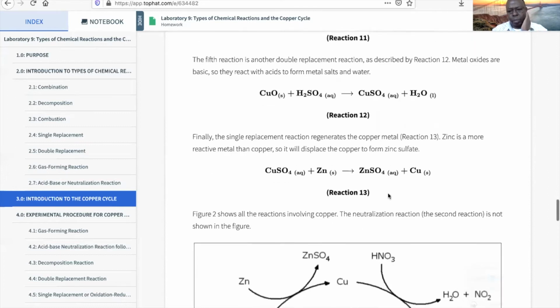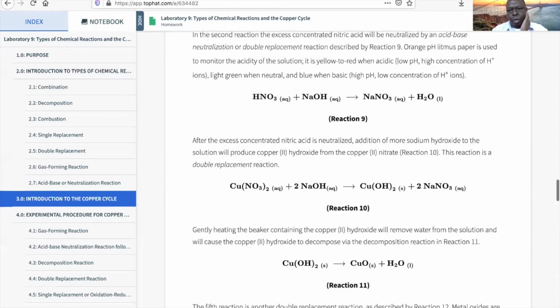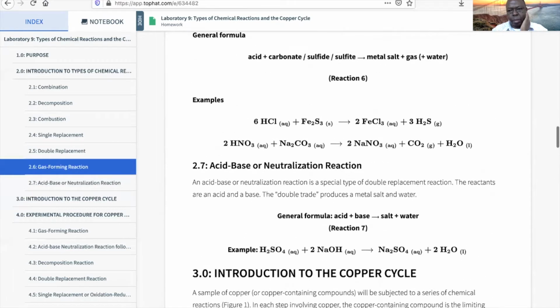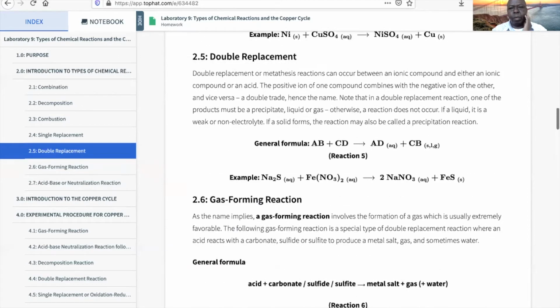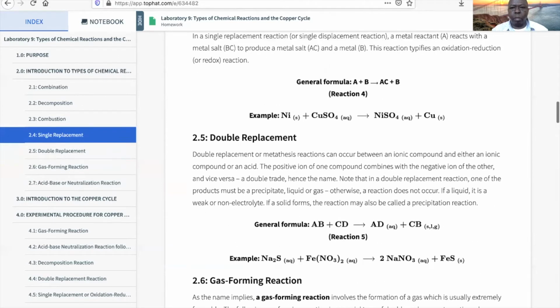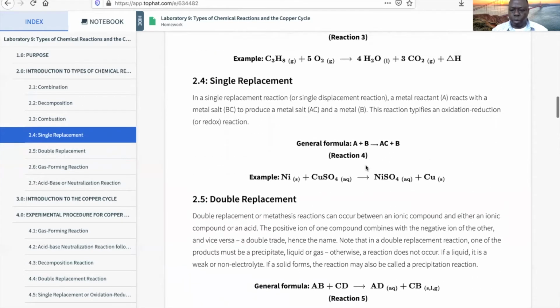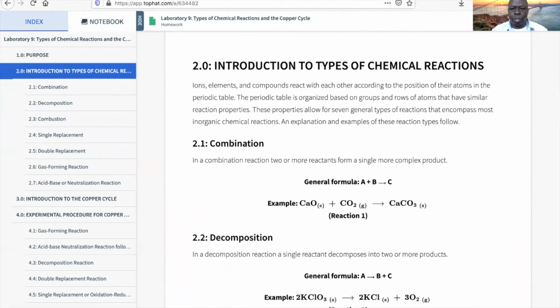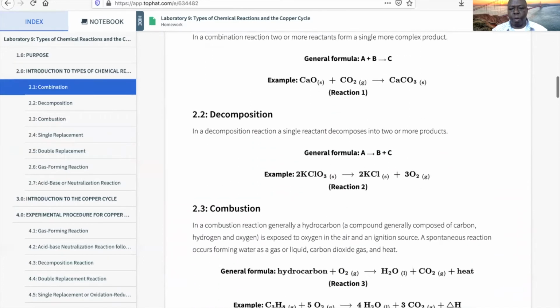This is the last one. There is chemical reaction 1, 2, 3, 4, all the way to 13, which you should be able to see. All right. This is reaction 4. There is reaction 1. Let me show you the relationship between all those types of reaction.